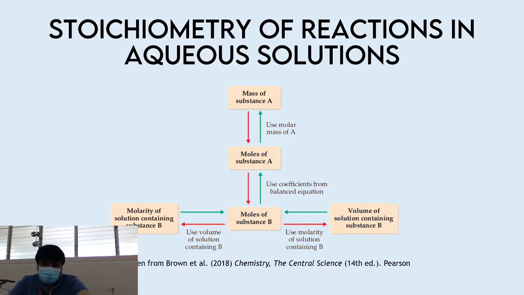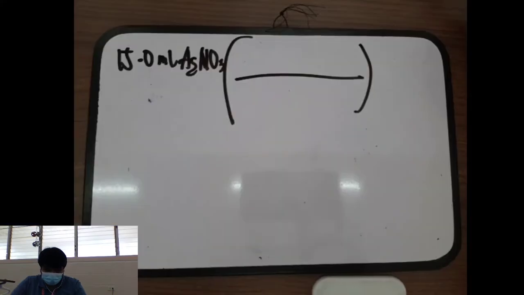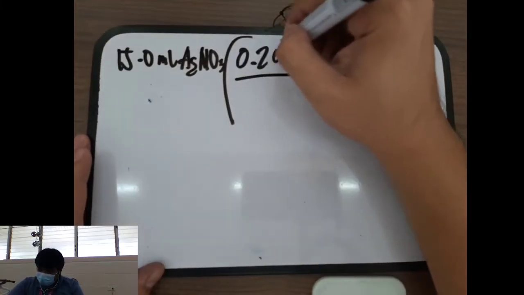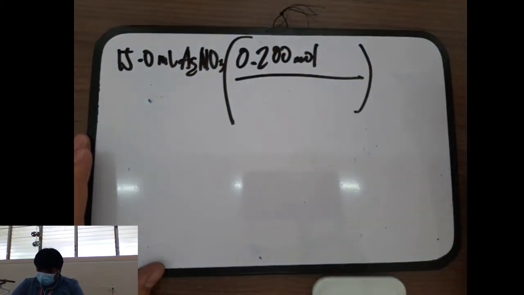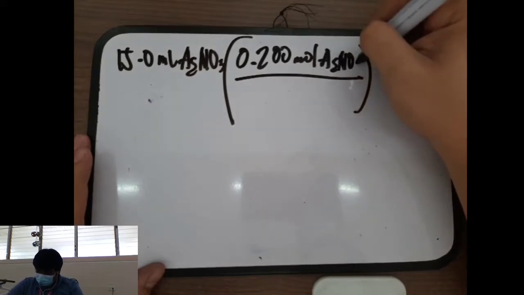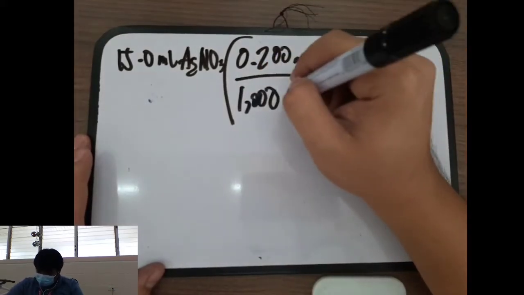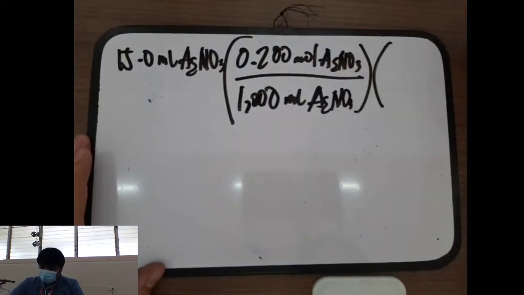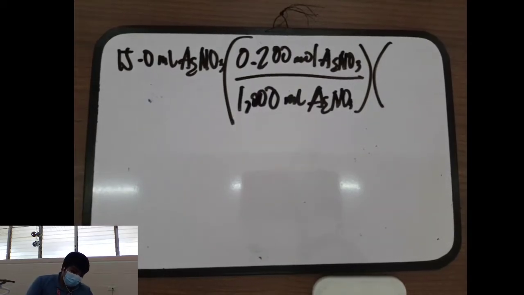So you use the molarity of silver nitrate, which is 0.200 mole silver nitrate over 1,000 ml, and then we convert this from mole silver nitrate to moles of our unknown, which is hydrochloric acid.